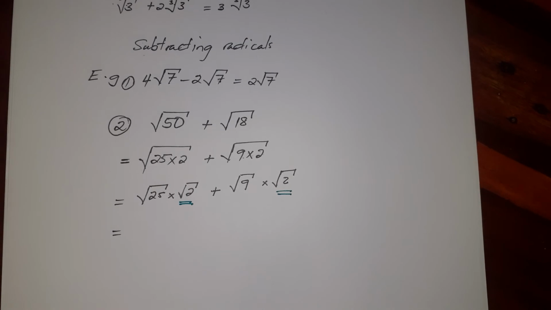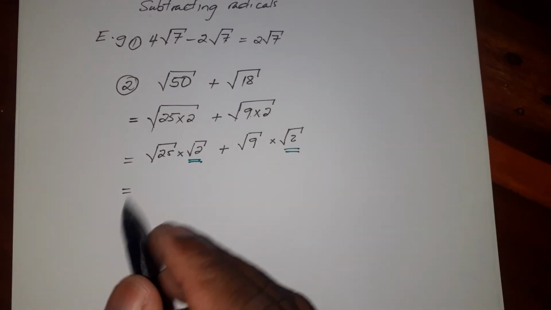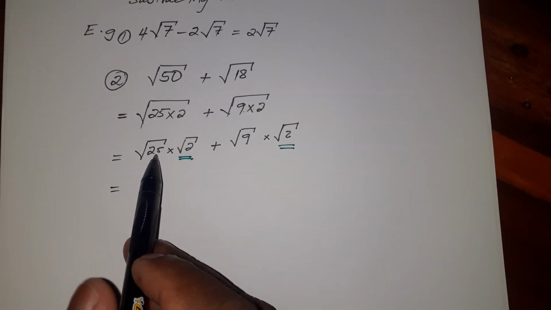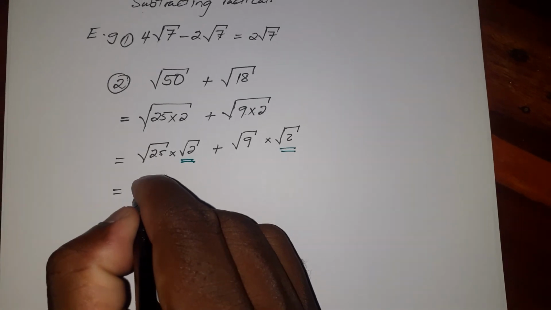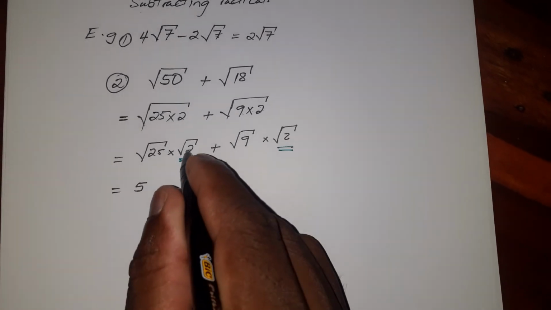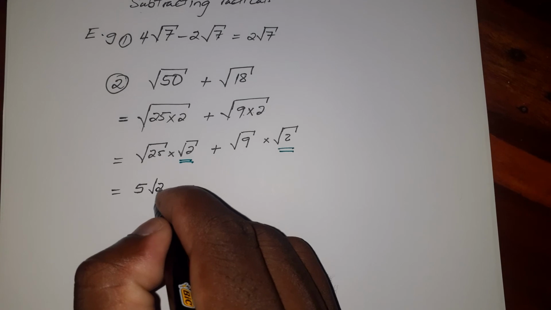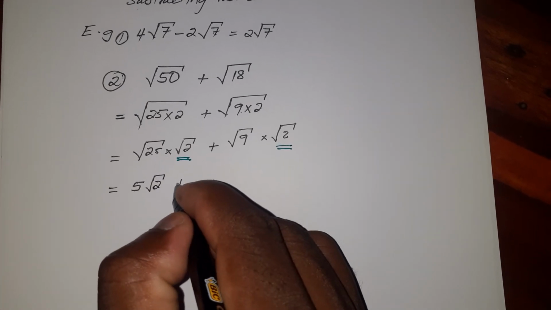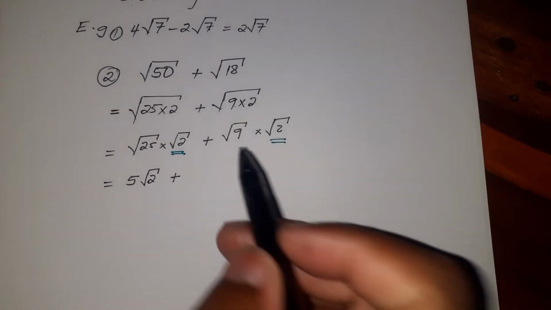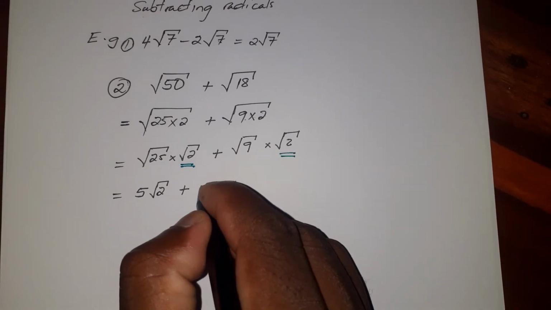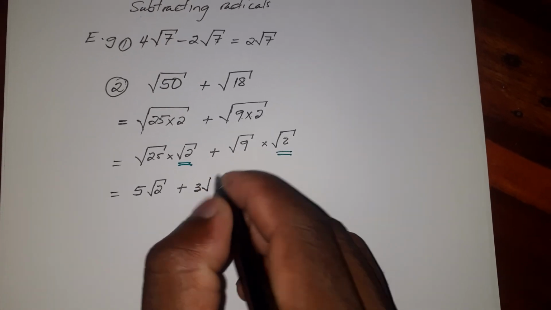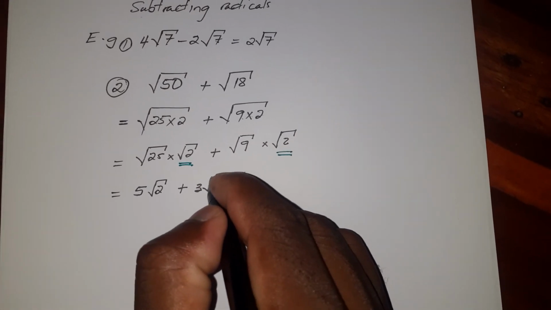Now what we can quickly do here, square root of 25 we know it is 5, and then we bring the square root of 2, plus square root of 9 is 3, and then we bring the square root of 2.